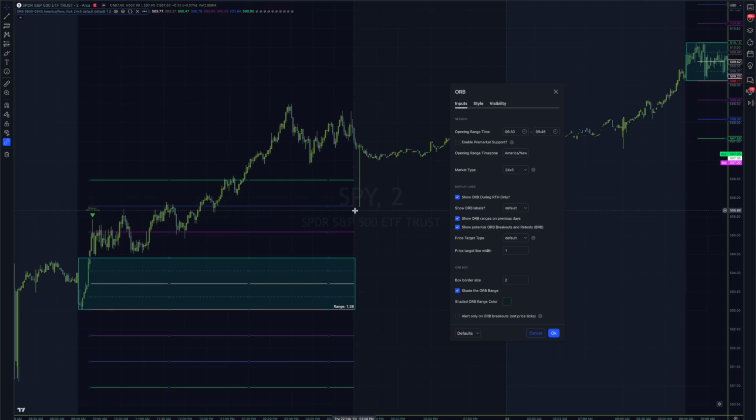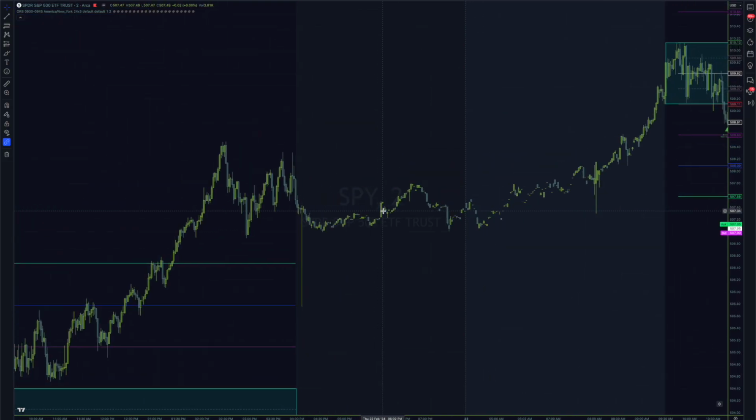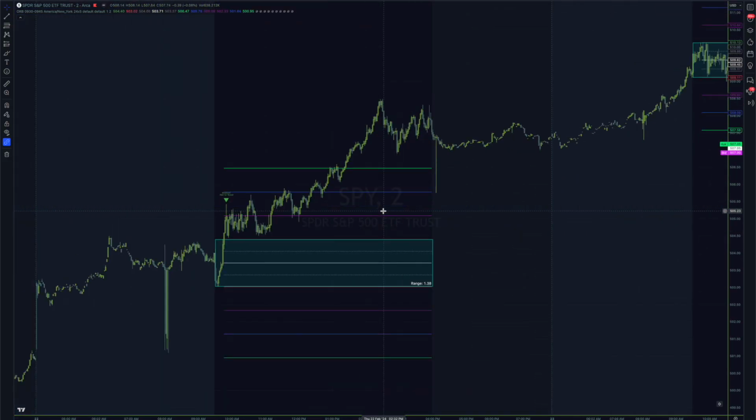I do plan on rewriting this. I'm a little worried to do it because it is an indicator that for whatever reason people are finding and favoriting, and I don't want to break something that everybody is relying on. But ORB with Price Targets is the name.